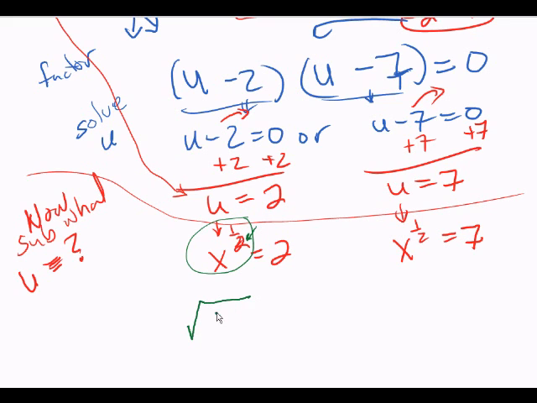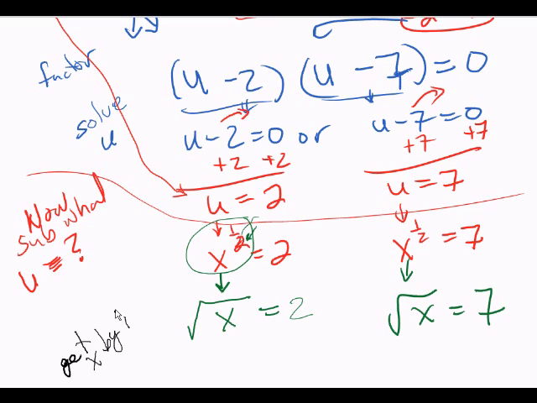We talked about this. This is the root. So a 1/2 power is really the square root of x. They're the same thing. x to the 1/2 power is the same thing as saying the square root of x. Okay, so we substituted, now get x by itself.